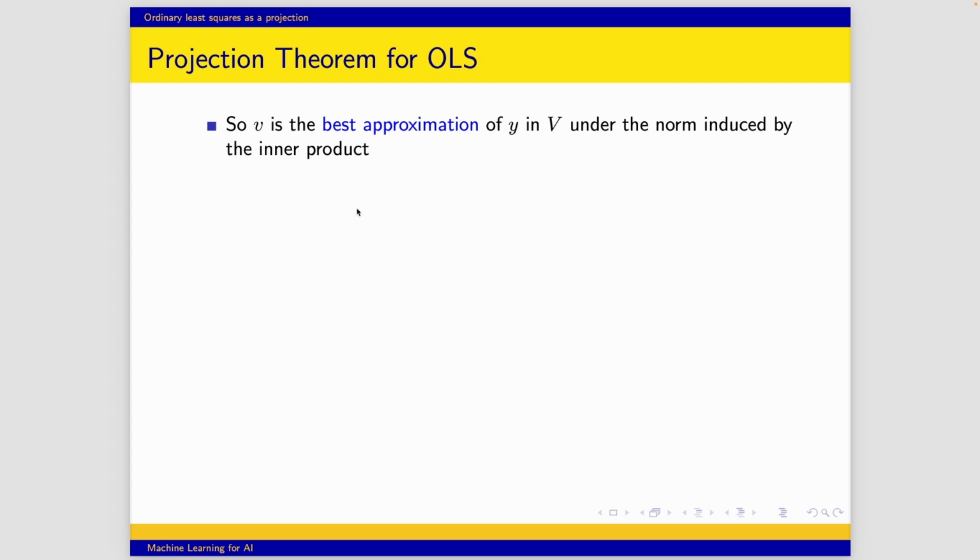So, as I said, v for the general case is the best approximation of y using a vector in V. And that best is the shortest distance, where distance is measured using the induced norm, the induced metric, and the norm that we use to get the induced metric is given by the inner product that we've used.